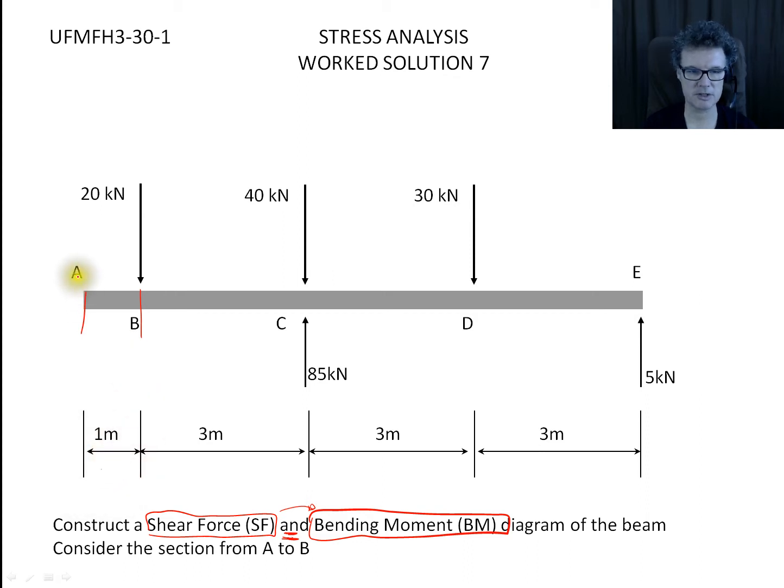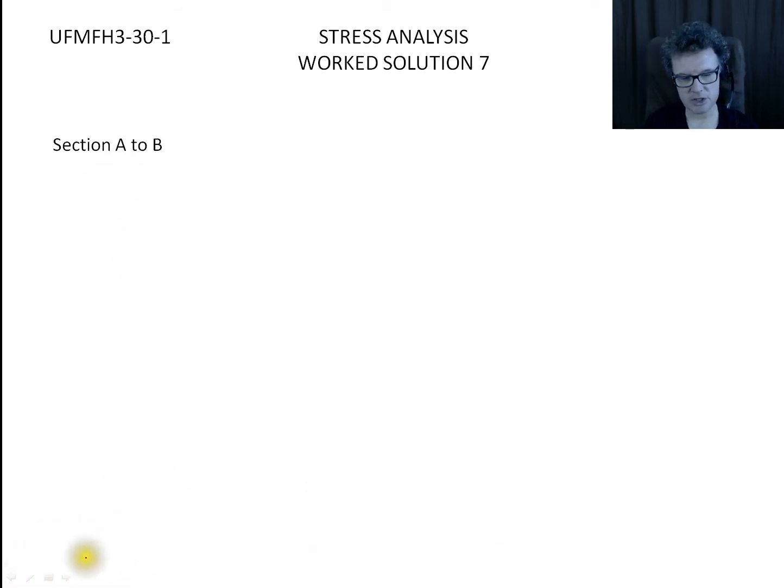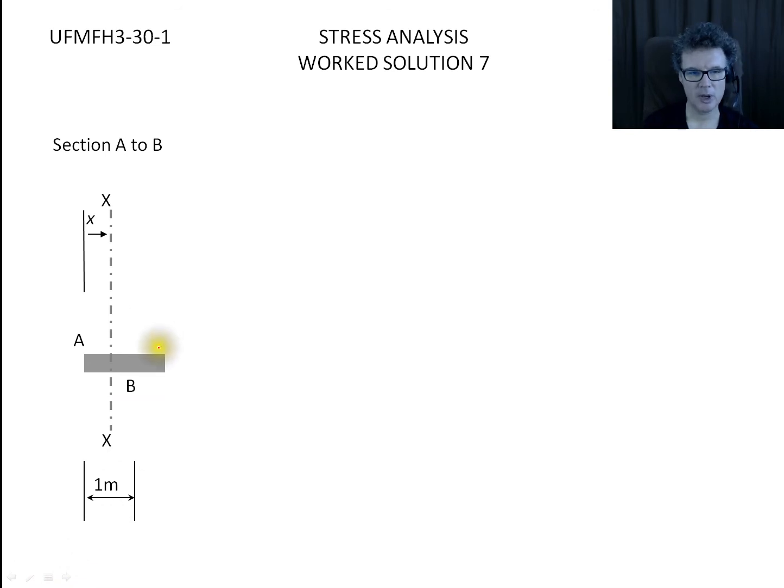So we can define this as a section A to B. I can see nothing's happening between A and B. This will be my next section, B to C, and this will be my next section, C to D, and that will be my final section, D to E. So we're just going to consider being in this section, and what I'm going to do here is take an imaginary cut, I call that my XX line, and then look left.